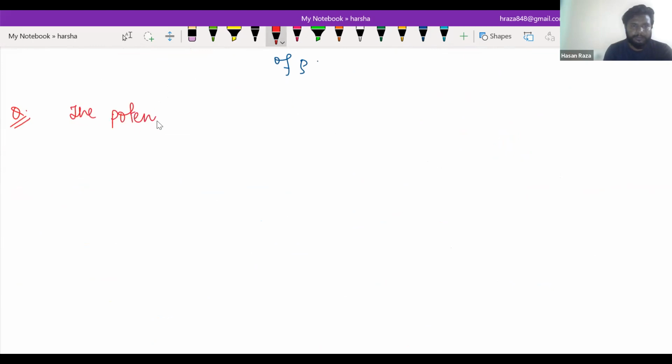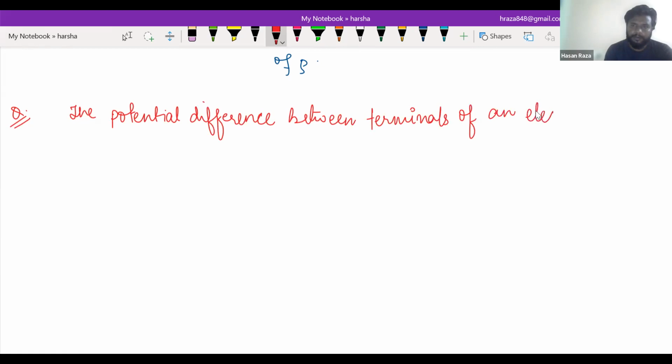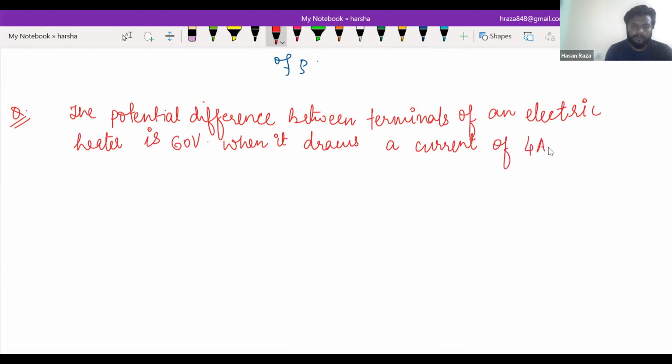The potential difference between terminals of an electric heater is 60 volt when it draws a current of 4 ampere from the source.